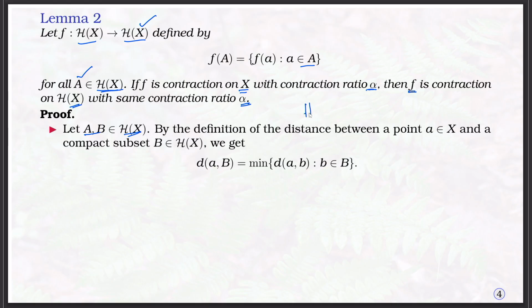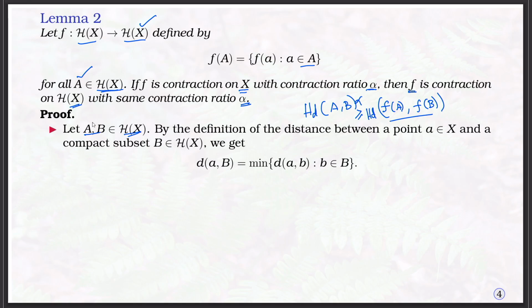So, we are going to use the Hausdorff metric h d of A comma B to obtain the distance between A and B, and we are going to find again F of A and F of B, the image of A and the image of B under the mapping F, and we need to find the distance between F of A and F of B. If the distance between F of A and F of B is less than alpha times h d of A and B, then we can call F a contraction.